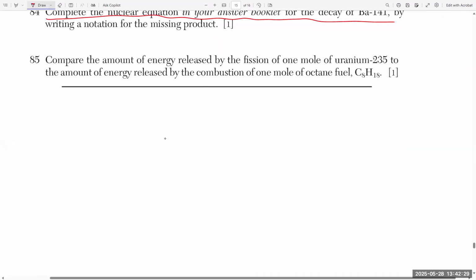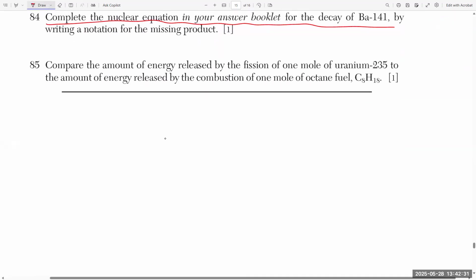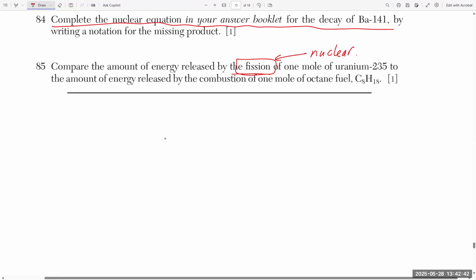85, last question. We're feeling good. Compare the amount of energy released by the fission of one fission. What is fission, guys? Nuclear. To the amount of energy released from combustion of fuel. Combustion is what? Chemical.